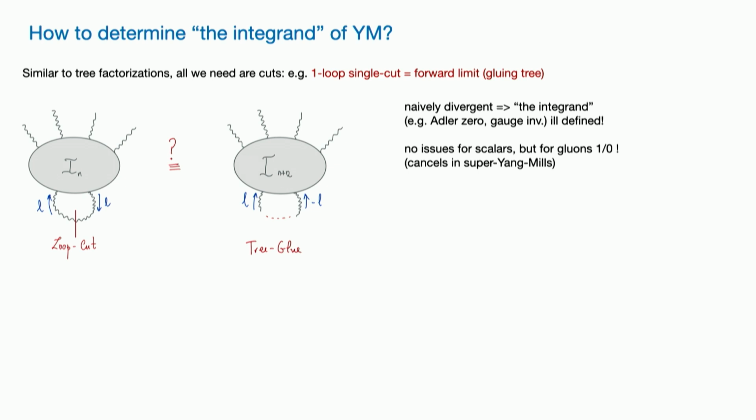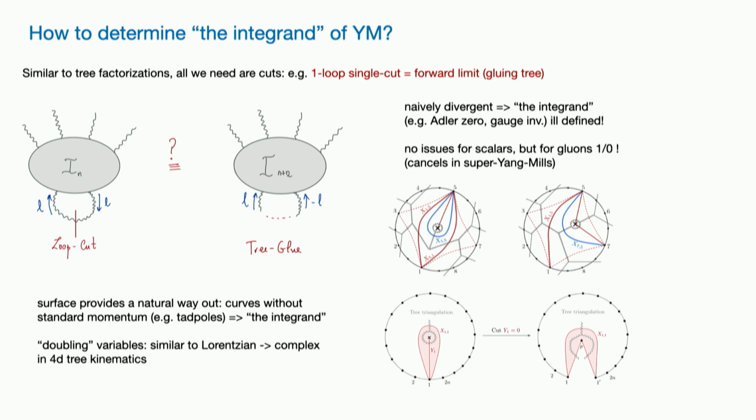But the surface kinematics gives you a way out. The surface kinematics, remember I told you, includes all the variables for tadpole, for bubble on the external legs. They all now live in the surface without sending them back to the physical kinematics. They are all well-defined variables. So at this surface kinematics level, I can safely take the forward limit of the tree to get one loop and keep going.